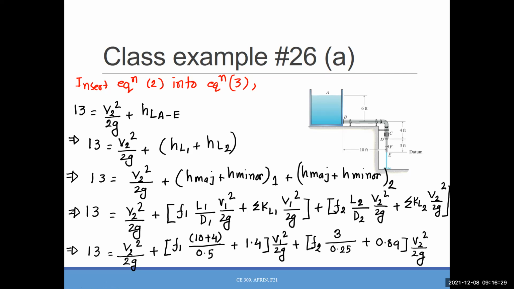Okay, good. So the next line will be just finding the values for L over D and everything. And are you seeing we have one more V2 square here? So I will keep all the V2 square over 2G together. Okay. So if you're done with this slide, let me know. I will move to the next slide.